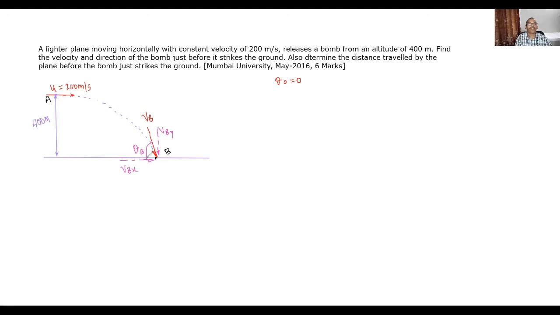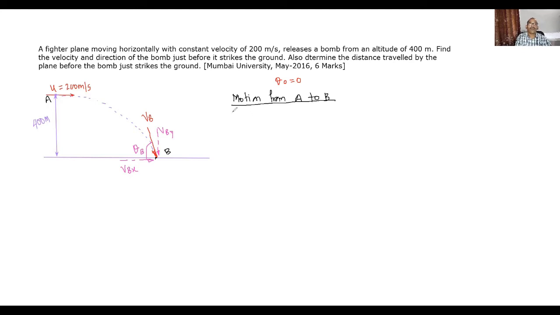Now, if we consider motion from A to B, you know the horizontal component of velocity remains constant. Therefore, we'll apply our equations from A to B, along the x-axis and along the y-axis.